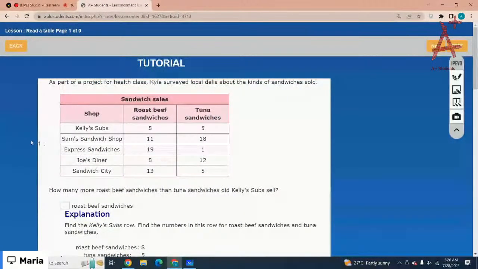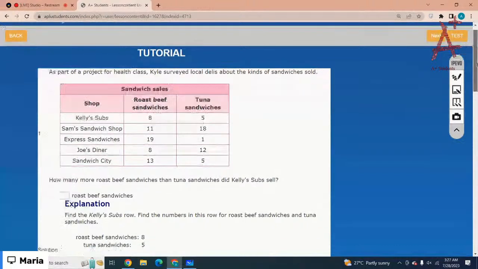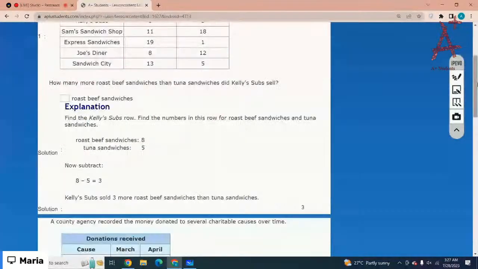Here is Cal's Subs. They sell 8 roast beef sandwiches and 5 tuna sandwiches. The question is how many more roast beef sandwiches they sell than tuna. So 8 take away 5 is 3. That means they sell 3 more roast beef sandwiches than tuna sandwiches, right? The basic thing is how to read data from the table. Got it?